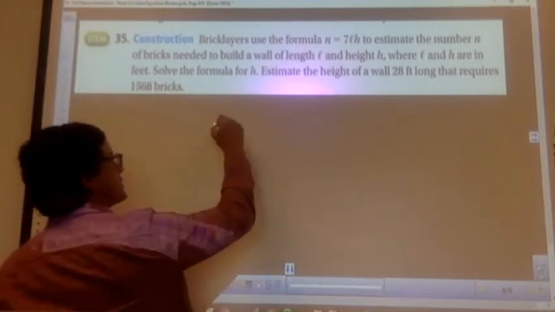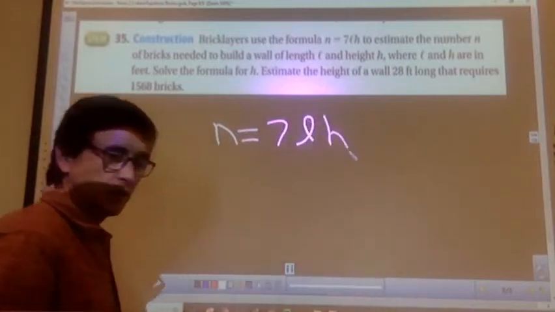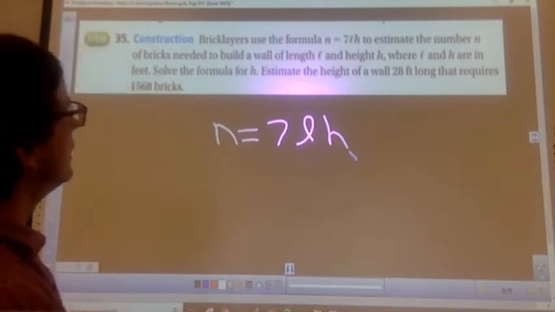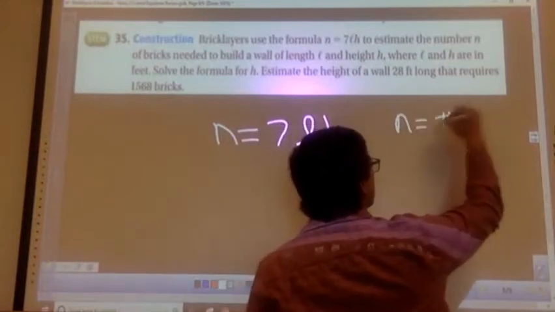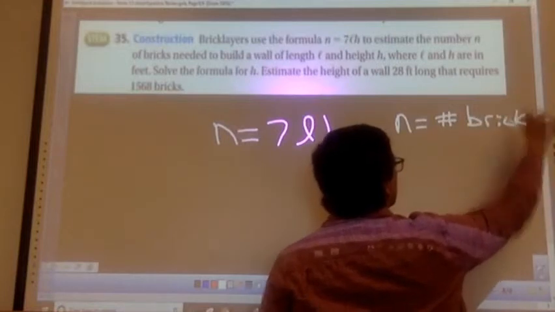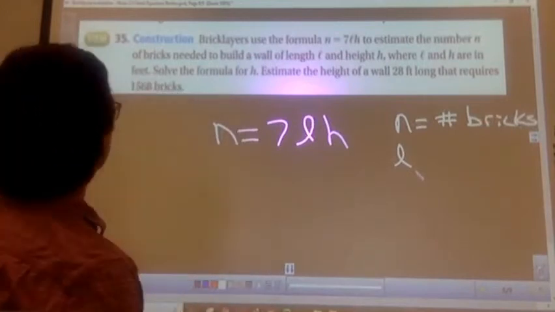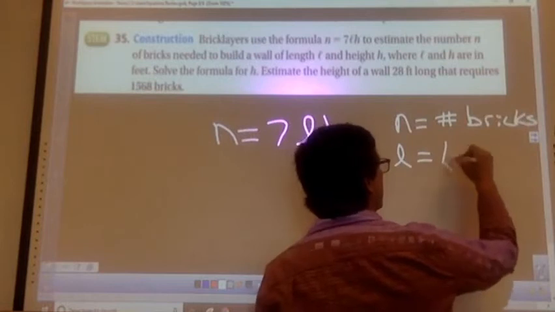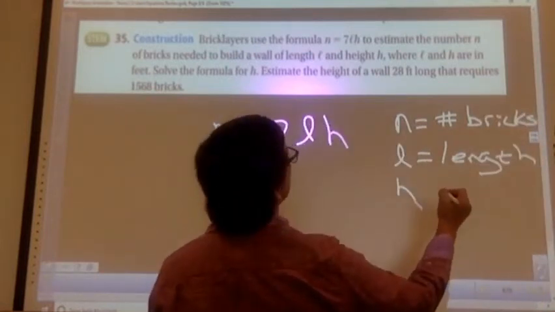The formula here is n equals 7LH, cursive L like that, where N is number of bricks, L is length, shockingly, and H is height.